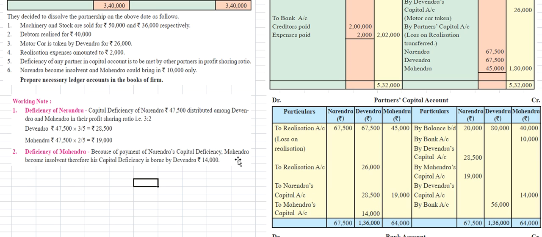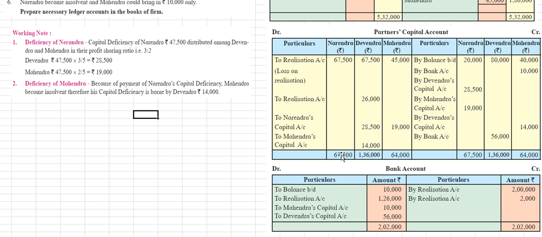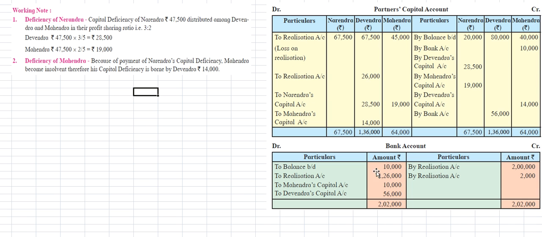Mahendra is deficient for the Narendra, so that's why his amount is coming to the Devendra's account. So this is the capital of 67,500 and 1,36,000 rupees and 64,000. Both sides match in the partner's capital account. After this is the amount left over with them.